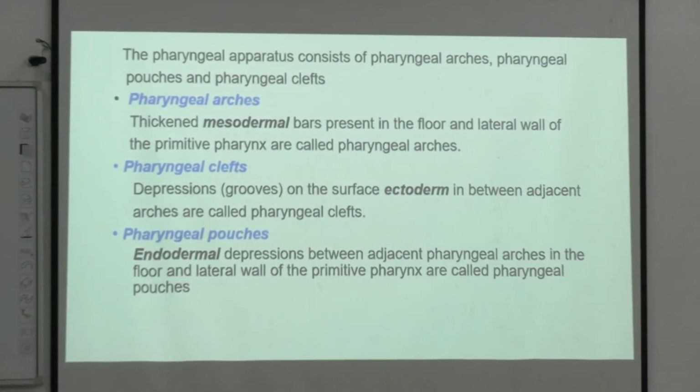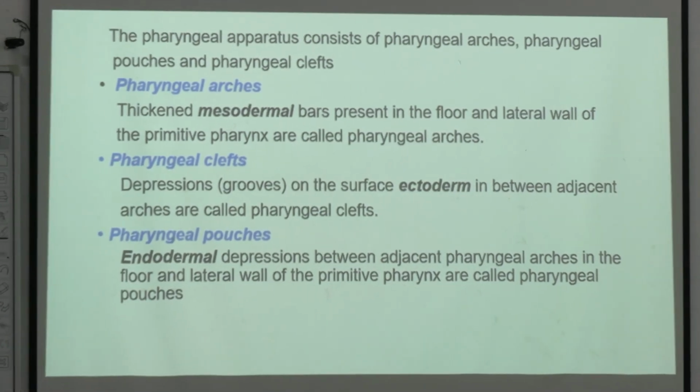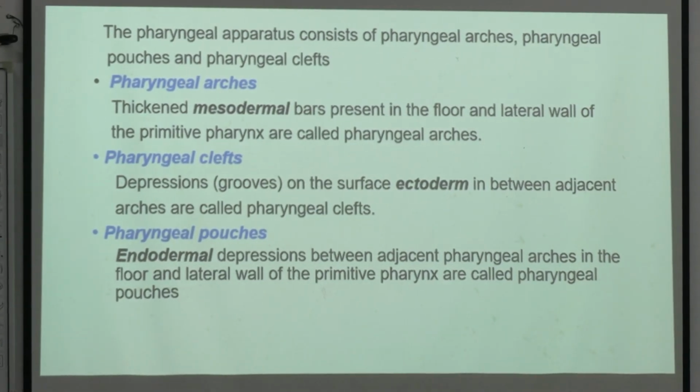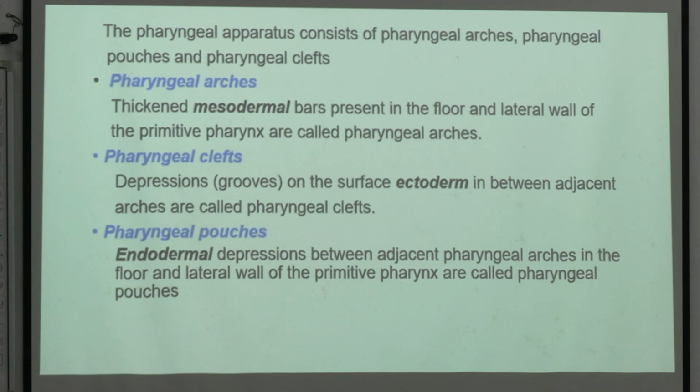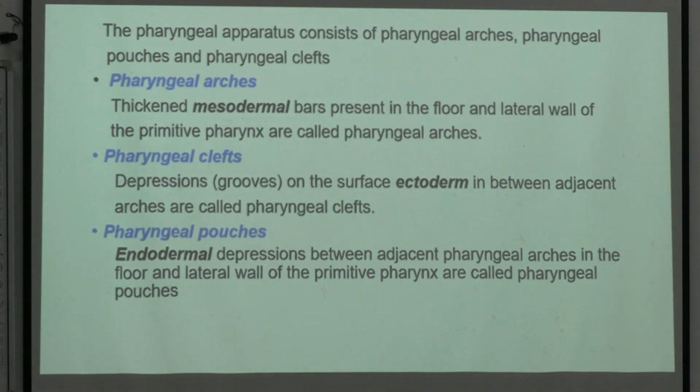So these arches, clefts and pouches together make the pharyngeal apparatus. This is a simple question that is thrown in examinations: describe or define the pharyngeal apparatus. For that you have to understand what is meant by the pharyngeal apparatus, and by these arches and clefts.